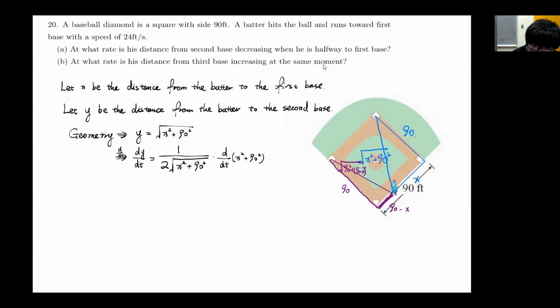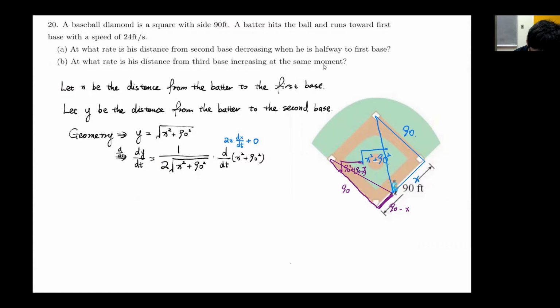For the derivative of the inner function, we need to use the chain rule again. So the derivative of 90 squared equals 0. And for the derivative of x squared, you need to view the square function as the outer function, so its derivative is simply 2 times the argument, namely 2 times the inner function. Then the chain rule tells me that the derivative with respect to t is going to be 2x times dx over dt. Okay, so notice that this 2 cancels out with this 2 over here.